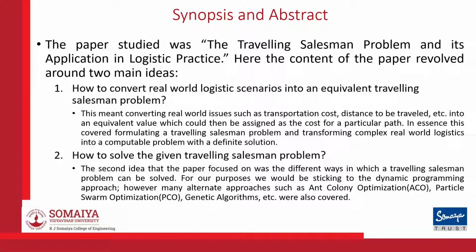So the second idea that the paper focused on was the different ways in which a traveling salesman problem can be solved. For our purposes, we would be sticking to the dynamic programming approach. However, many alternate approaches, such as the ant colony optimization algorithm, the particle swarm optimization algorithm, genetic algorithms, etc., were also discovered.